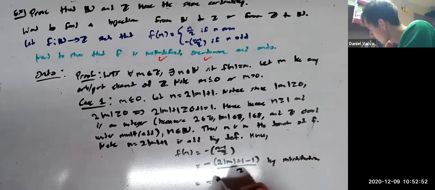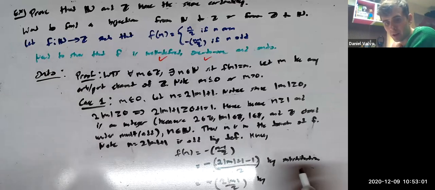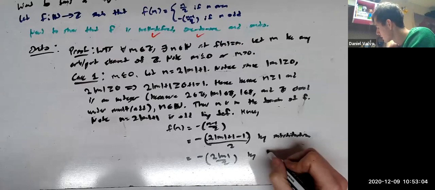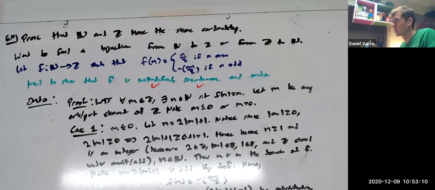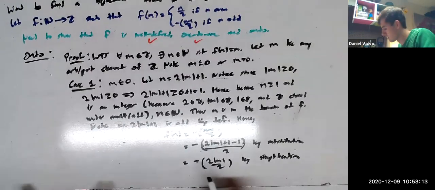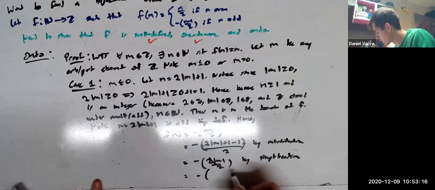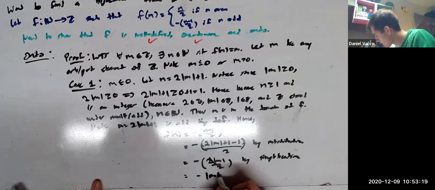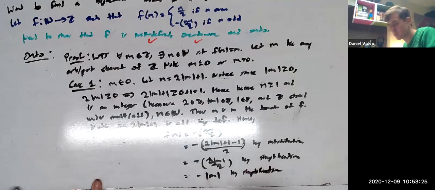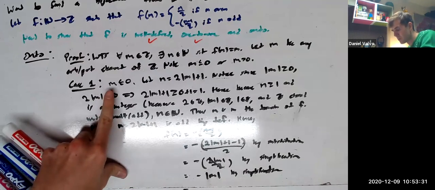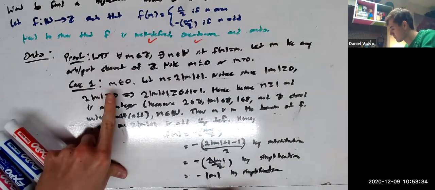Is going to equal negative 2 times the absolute value of m over 2 by the 1 minus 1 canceling out by simplification, which will equal negative the absolute value of m. The 2's cancel out, just leaving us the m's, again by simplification. Make things simple, babe. No reason not to. Simplification. And notice that since m is a negative number, negative the absolute value of m is going to be just m.